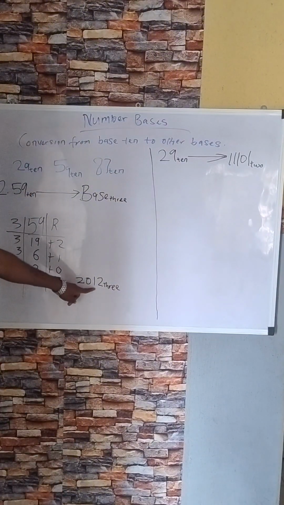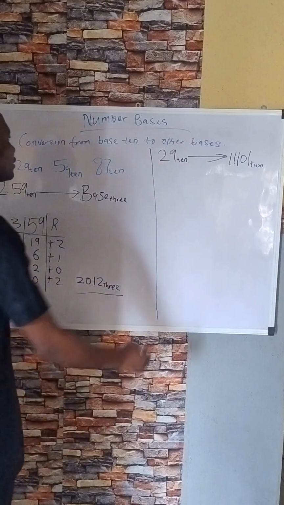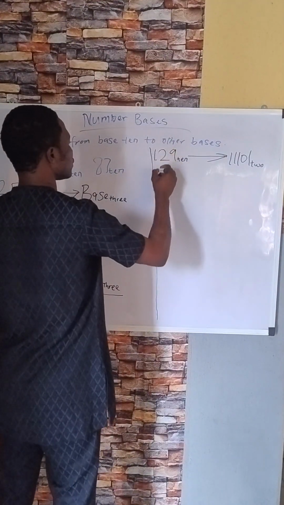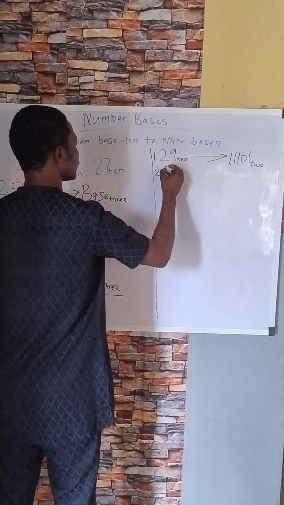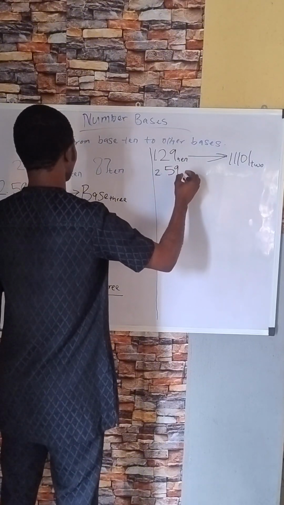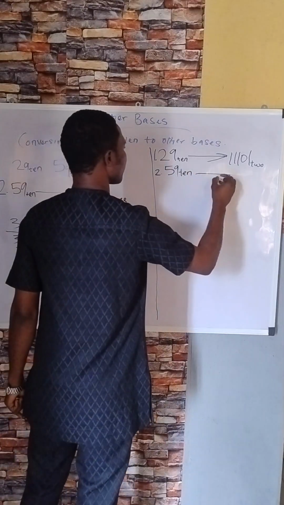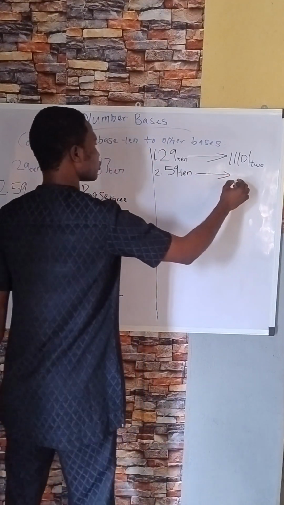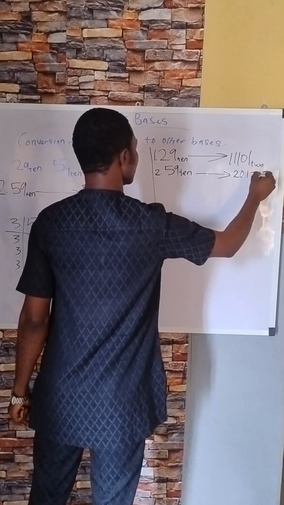So this is our final answer. Number 2 is 59 base 10 equals 2 0 1 2 base 3.